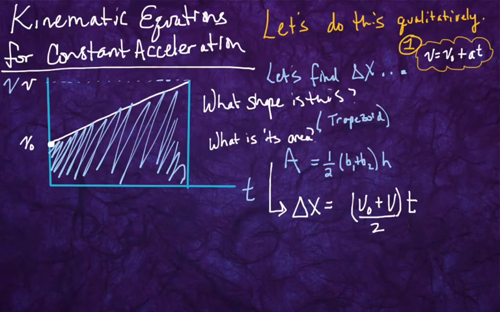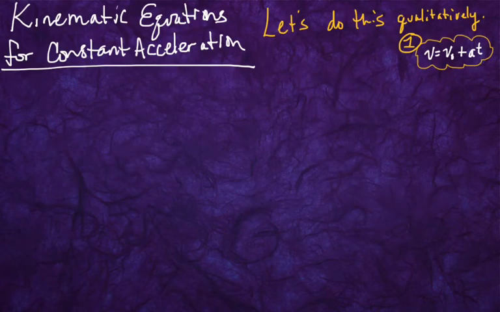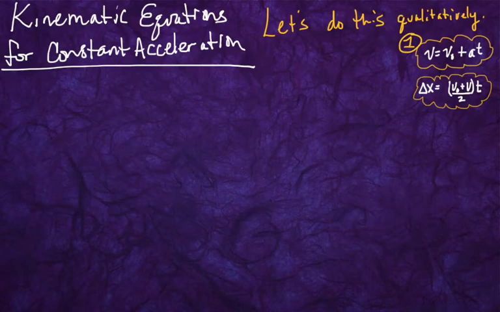So now we have our displacement equaling the average of the velocities times time, and that is actually our second kinematic equation. We put that second equation right there. So yay, we have equation 1 and equation 2, and we're going to move on.